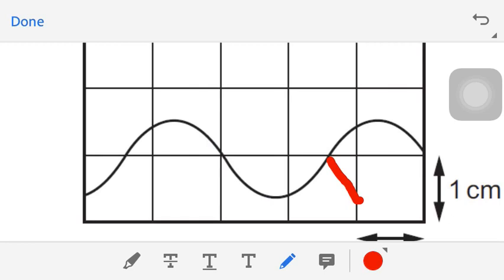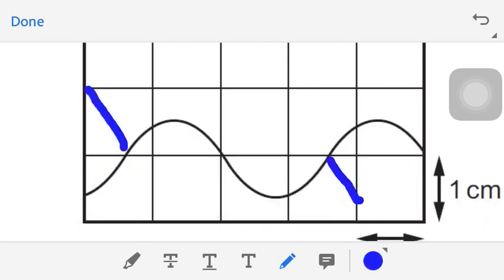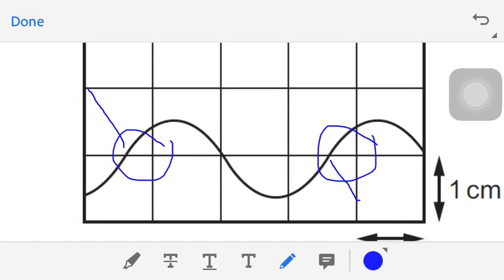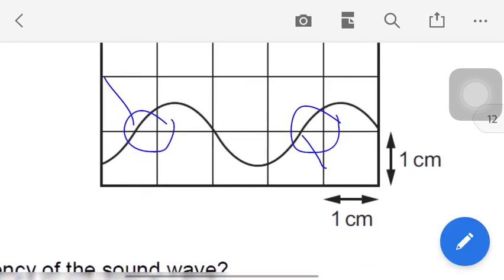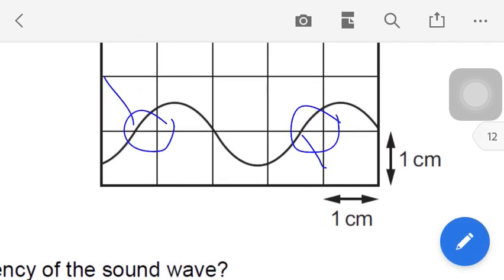So I'm going to consider one wave cycle starting from this equilibrium point until this equilibrium point. Now you can see here that the gap here is almost the same as the gap here, which means that ultimately one wave cycle is basically 3 centimeters, right?